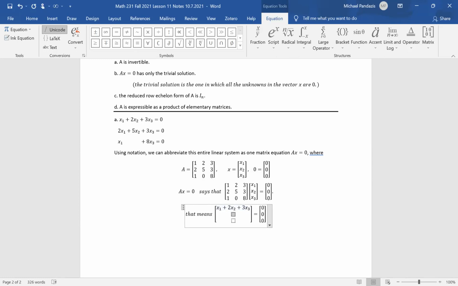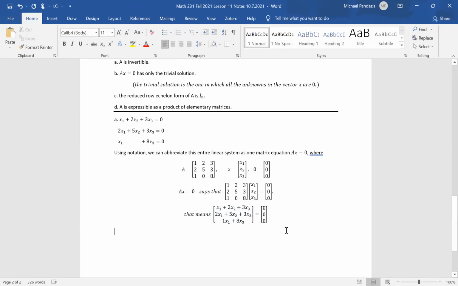In the next entry, you get 2x1 plus 5x2 plus 3x3. And the next one, you get x1 plus 0x2, where you just don't write anything, and then plus 8x3.